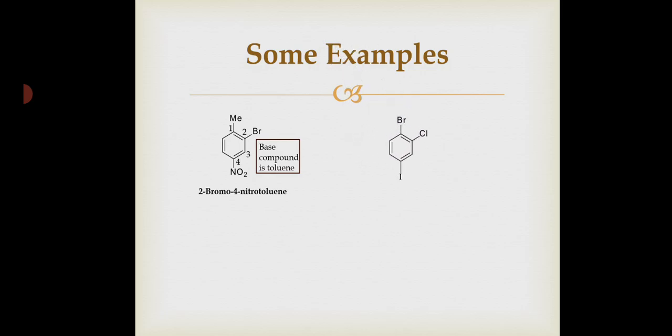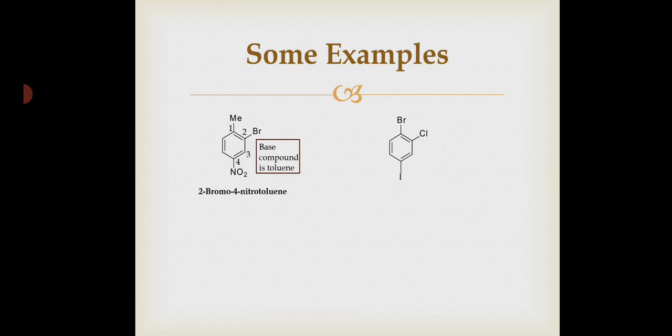Look at this compound. It is a benzene ring which is substituted with bromo, chloro and iodo. So the base compound is benzene here. Now, where should we start numbering from? From bromo or from chloro or from iodo? We should start numbering from bromo, because bromo comes first in alphabetical order.